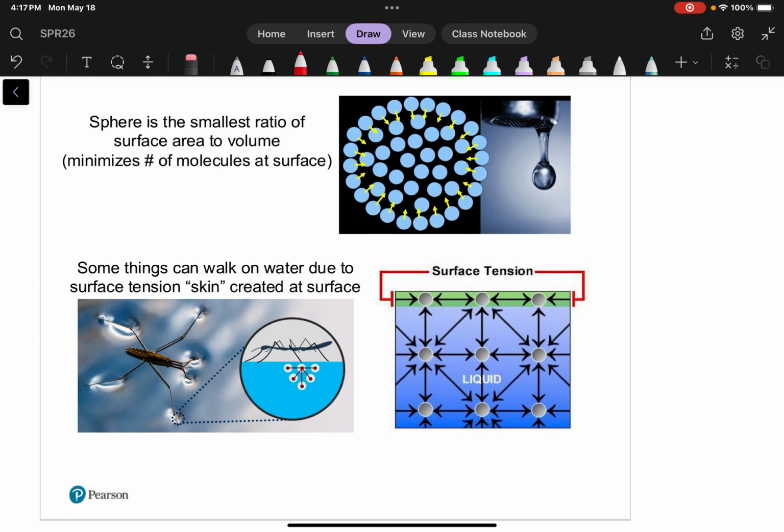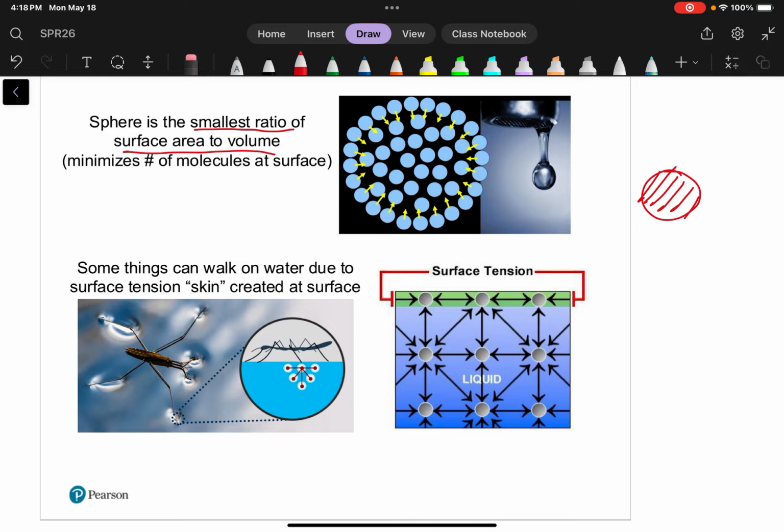There was actually a video in the slides, so if you have access to the slides on Canvas, you can watch that. It's of an astronaut in zero gravity, and what he shows you is that water will naturally form spherical drops in zero gravity. The reason for that is the sphere turns out to be the smallest ratio of surface area to volume.